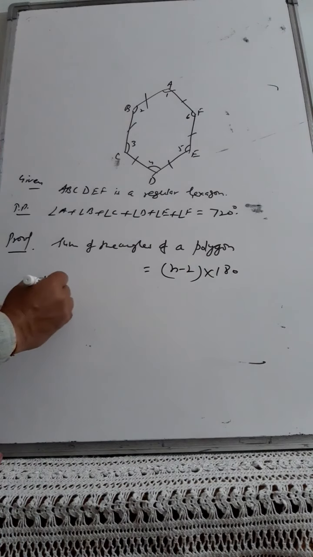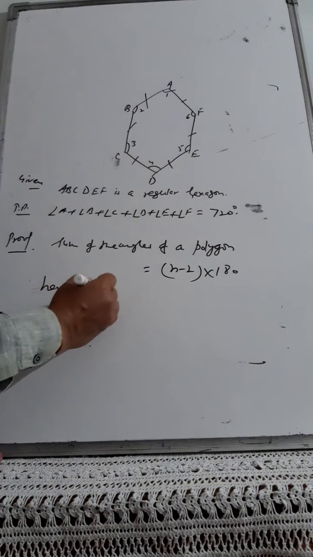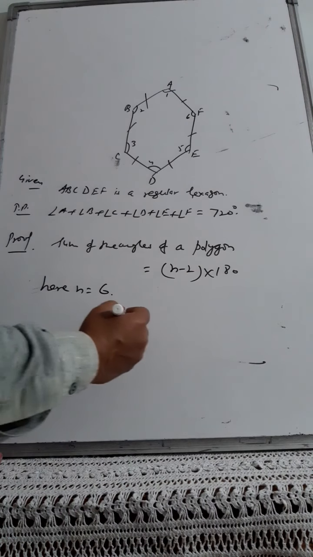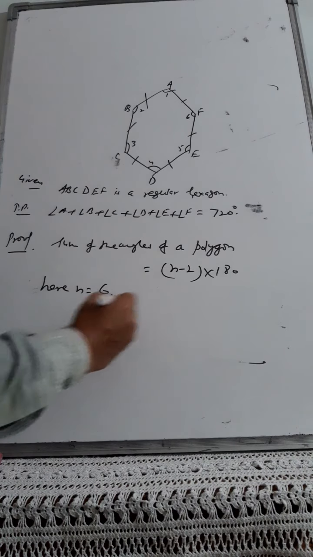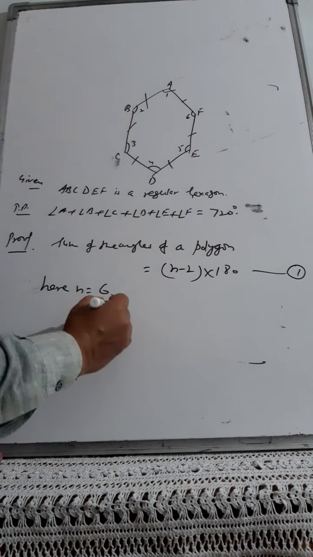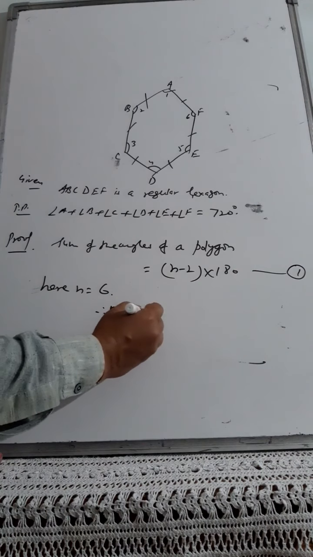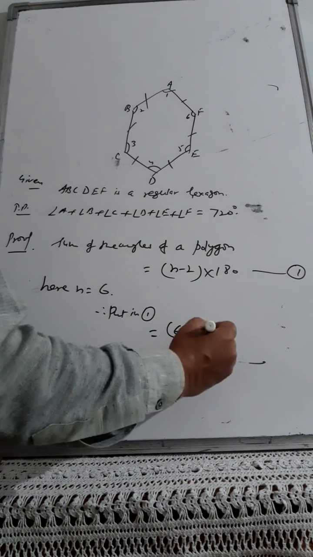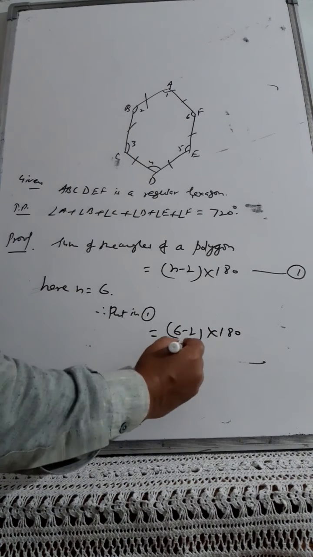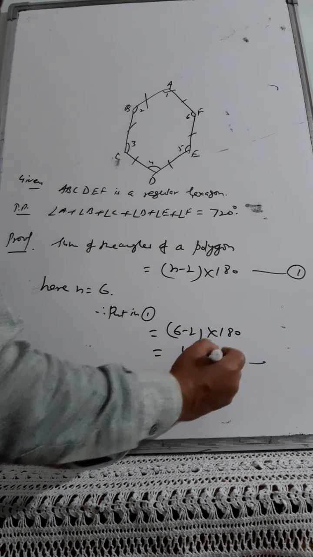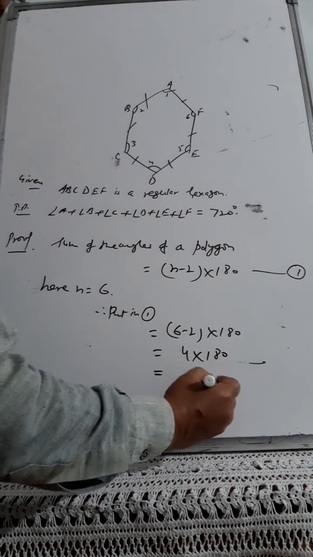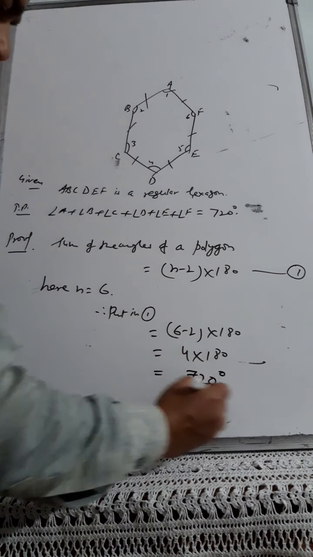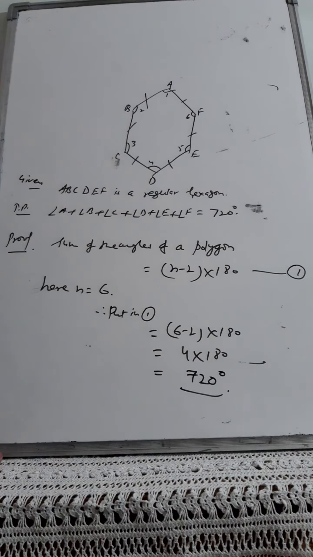So here you can say n is equal to what? 6. Give it number 1. Putting in 6: 6 minus 2 into 180, so you will be getting 4 into 180, that is equal to 720 degrees, as proved.